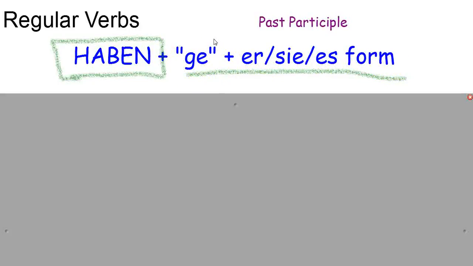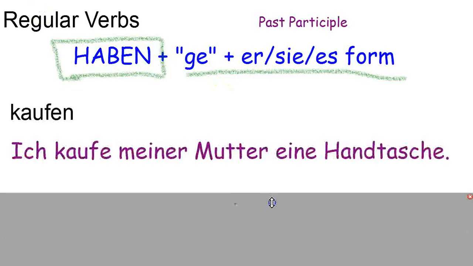For example, kaufen, ich kaufe, du kaufst, sie es kauft. So this becomes gekauft, and that's our past participle. So these two elements are required for conversational past.